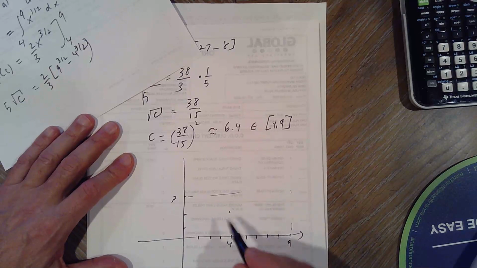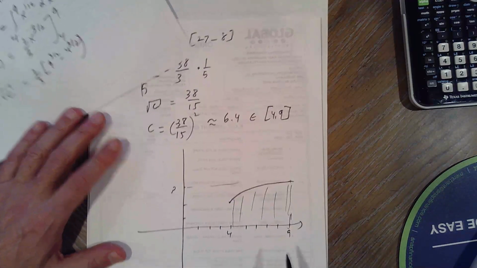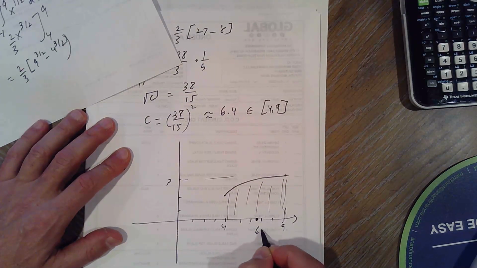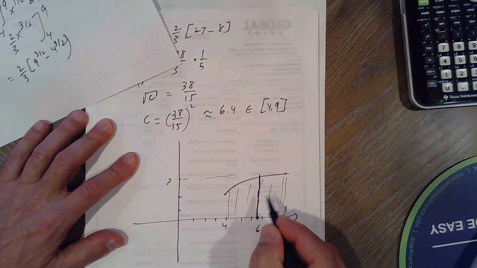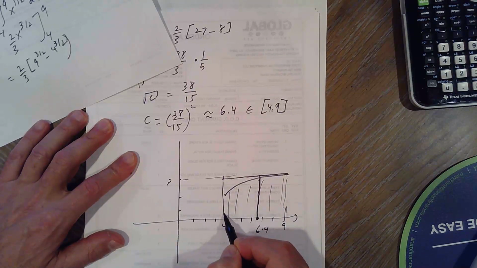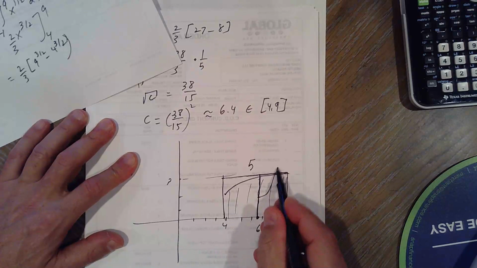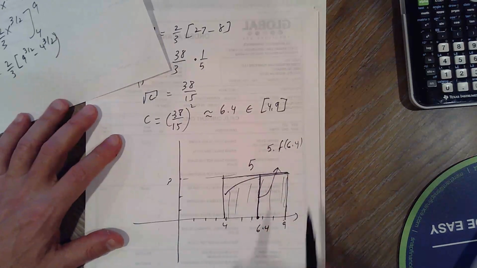If you're trying to find this area, all you have to do is find roughly 6.4, do f of 6.4, and multiply it by b minus a, which is 5. So 5 times f of 6.4 is going to give you that area.